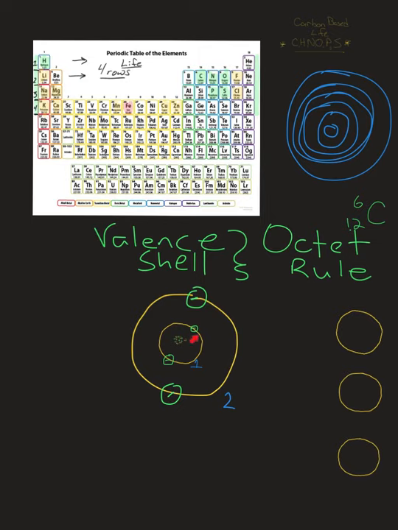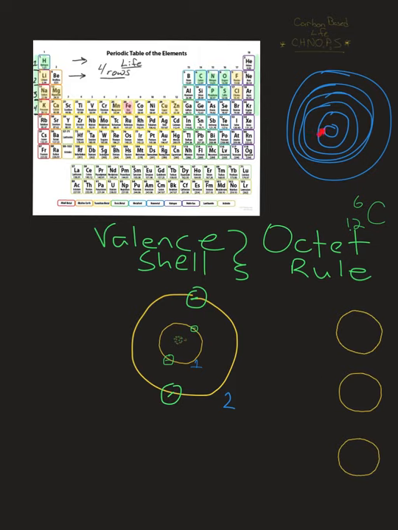So the first shell holds 2 electrons. We'll go back to that and see how that impacts this bonding arrangement later. But from the second shell on, it can hold up to 8 electrons. So that's that octet rule. Now, as you keep adding electrons, you always start with the first shell and then move outward.